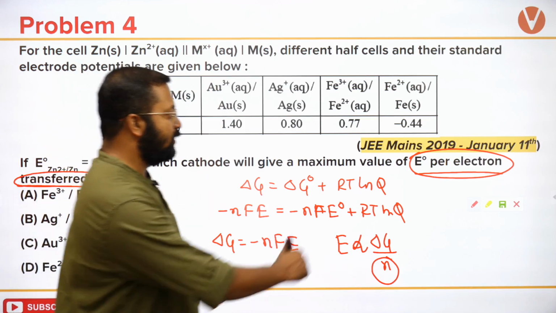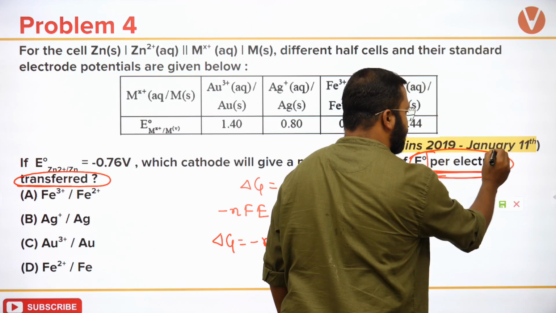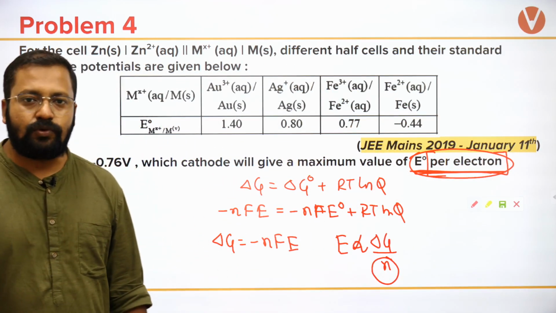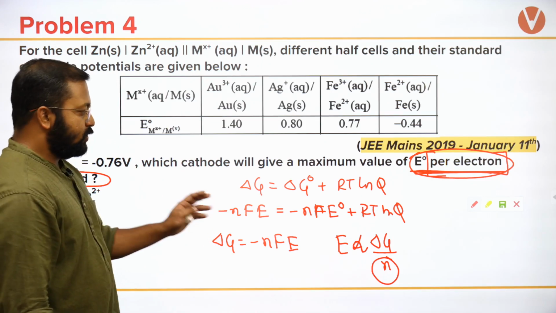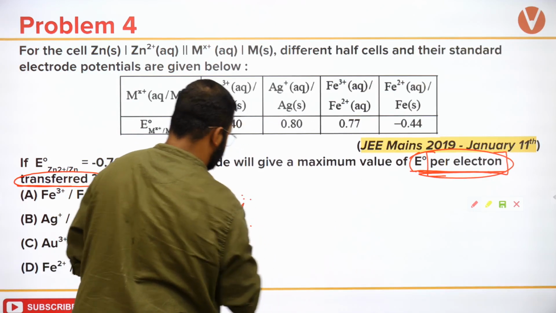Remember this. E naught per electron is just given to confuse you. Clear? So understand this very well.